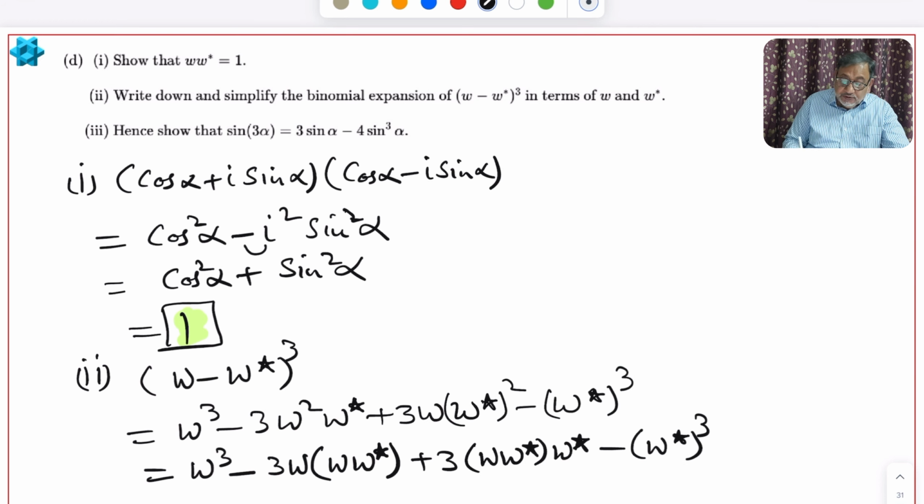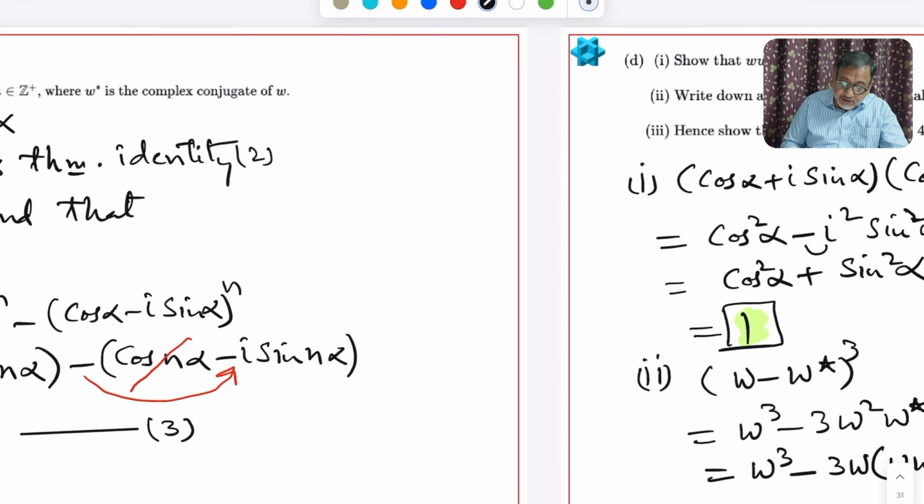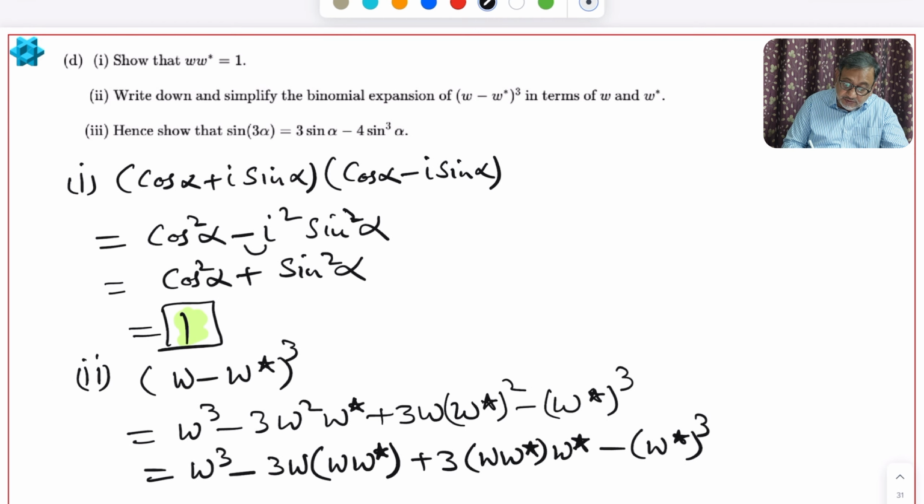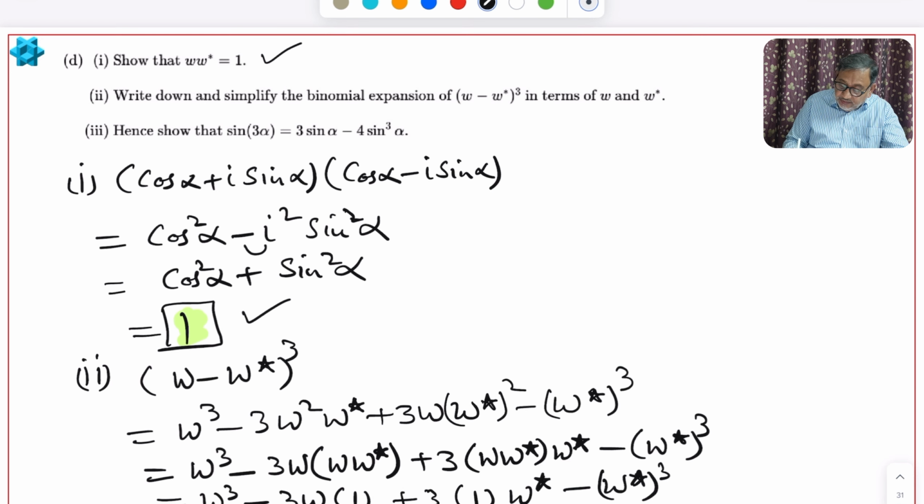Now w into w conjugate will be what? W into w conjugate we already found here. It is 1. So w cube minus 3 into w into 1 plus 3 into 1 into w conjugate minus w conjugate cube, right? Okay, so we'll move to the next page.